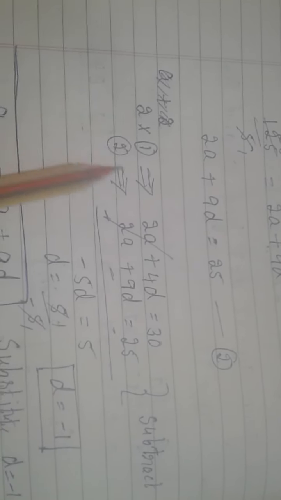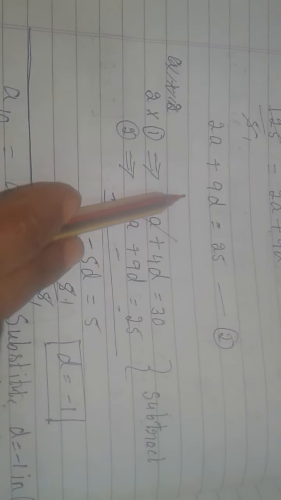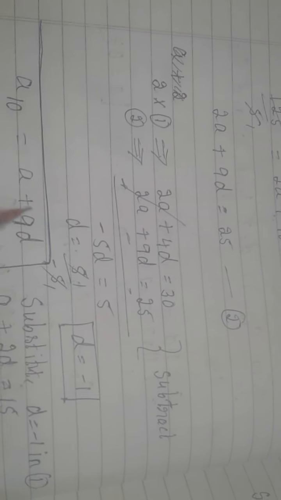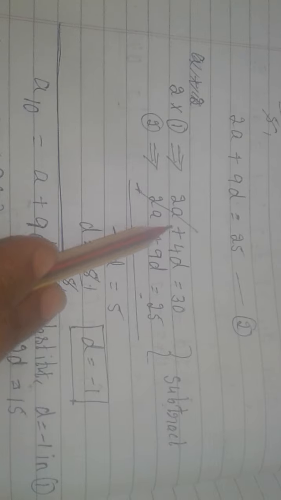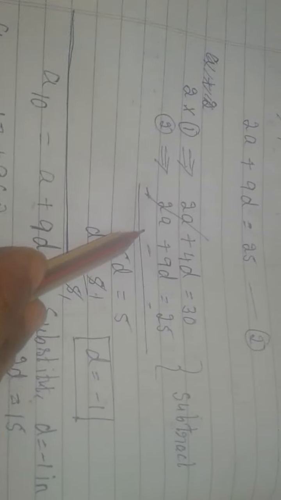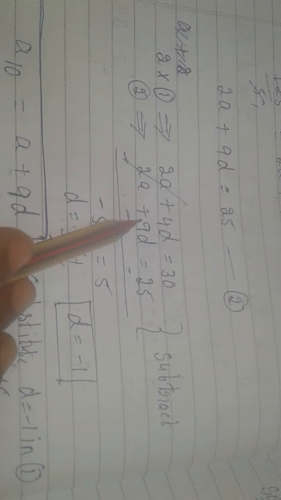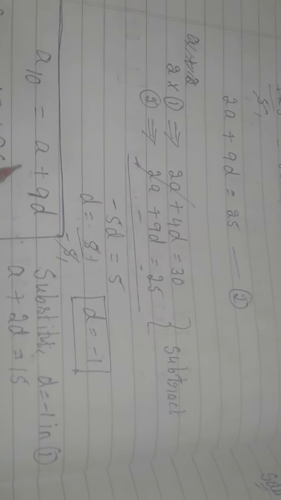Whenever you multiply or divide anything, you have to do it for the whole equation. So the second equation, write as it is. Now you can see, even though the coefficient of a was not the same, I made it the same so that I can eliminate. So now subtract. Subtract, change the signs. Plus becomes minus, here also plus becomes minus.